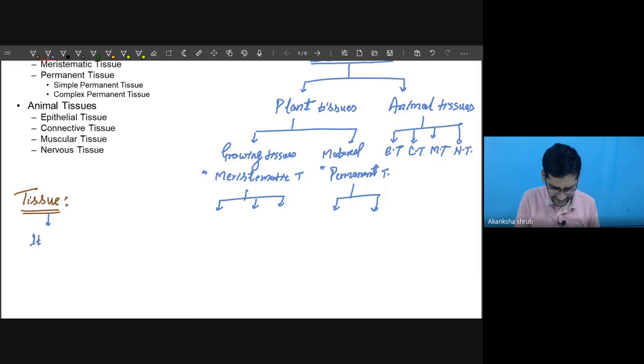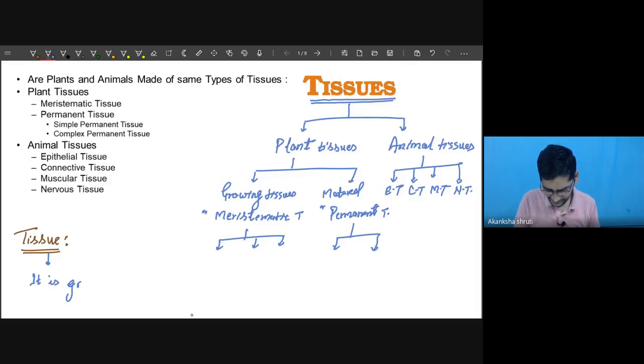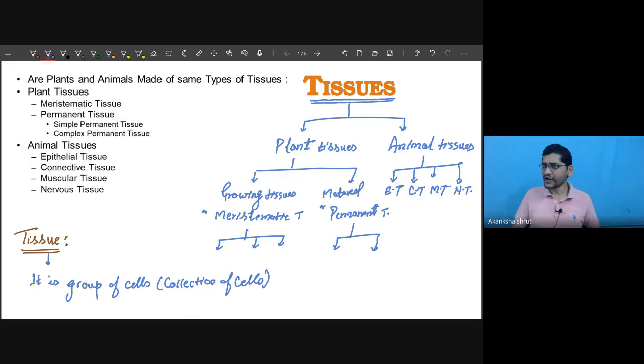It is a group of cells, or collection of cells. In many books it is also written as a collection of cells. So these cells are of a particular kind.